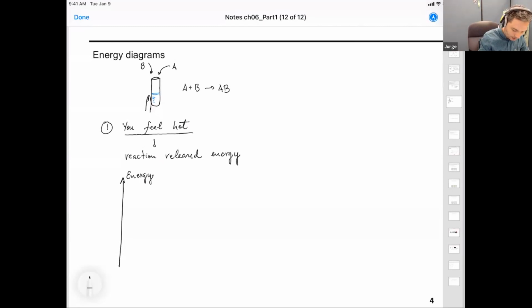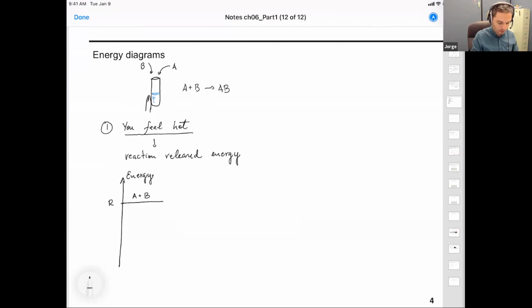So let's start here with our reagents. So I'm going to put R here, meaning reagents, and we can write here A plus B. And then we are going to do the same thing for the product. However, we have to decide if the energy of the products are going to be above or below the energy of the reagents.